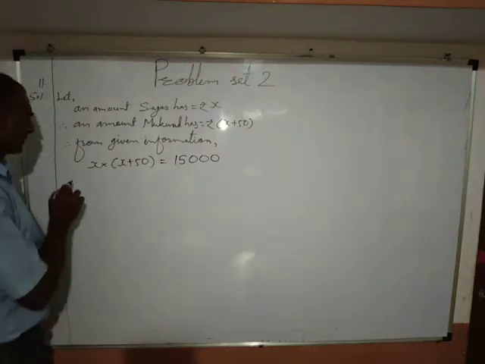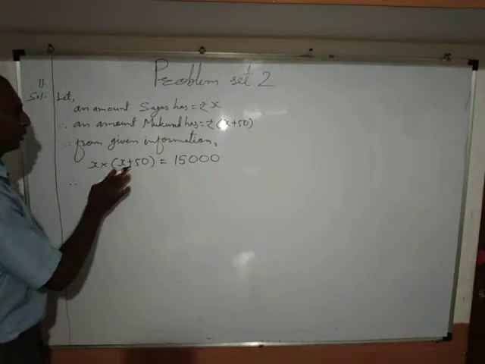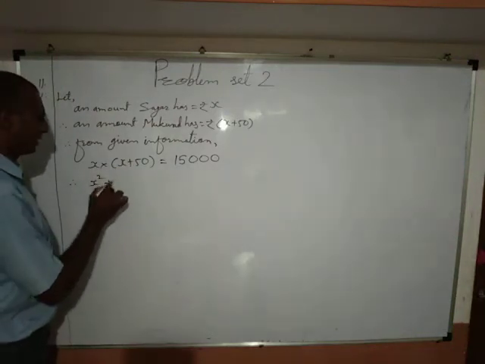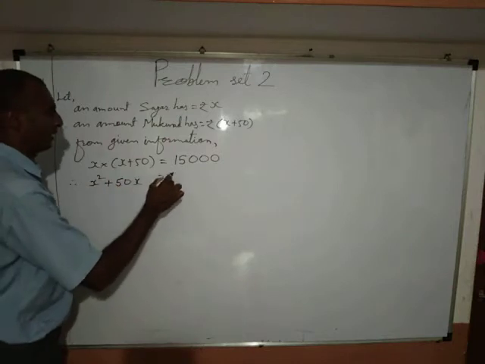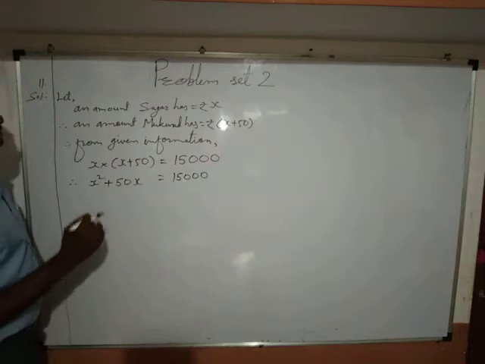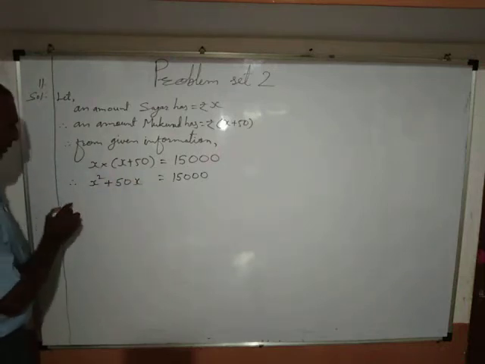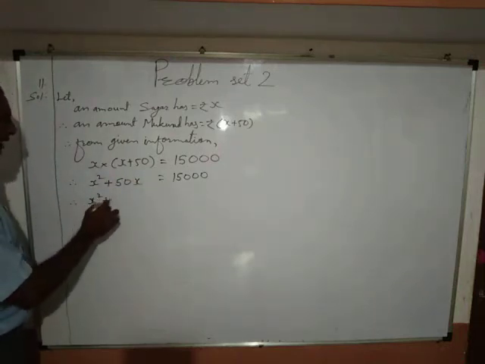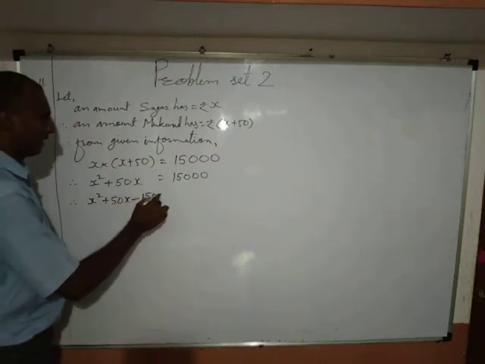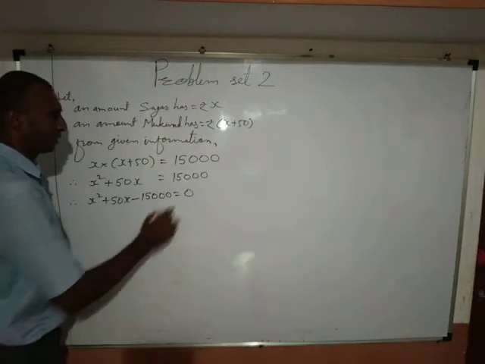Now let's simplify this equation. x into x gives us x square, x into 50 gives us plus 50x, equals 15,000. On transfer of 15,000 from right to left, we get x square plus 50x minus 15,000 equal to 0.